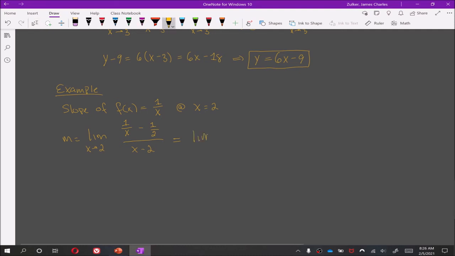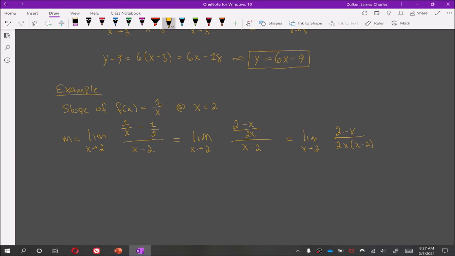So this is the limit as x approaches 2, 2 minus x all over 2x, and then that will all be over x minus 2, simplifying. Yields that.